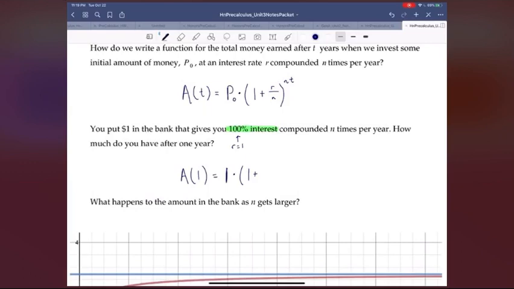So we have 1 over n to the n times 1, which is just n. Because t is 1, we just want to know after 1 year what do we have. To simplify this, this is just 1 plus 1 over n to the n.